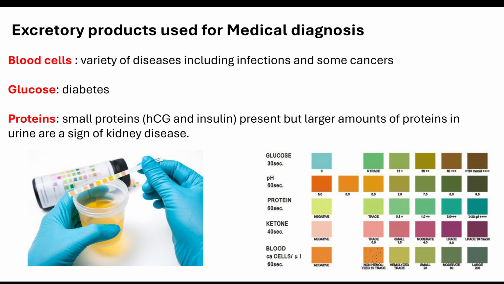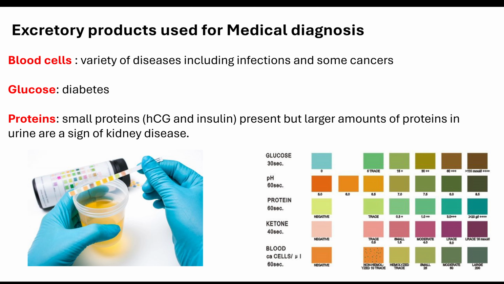Now, what we're going to look at today is, to start with, the proteins. Proteins should only be getting through the basement membrane and the podocytes, that filtering system, if they are small proteins. So things like HCG, which is the human chorionic gonadotrophin, a hormone which indicates pregnancy, and things like insulin.